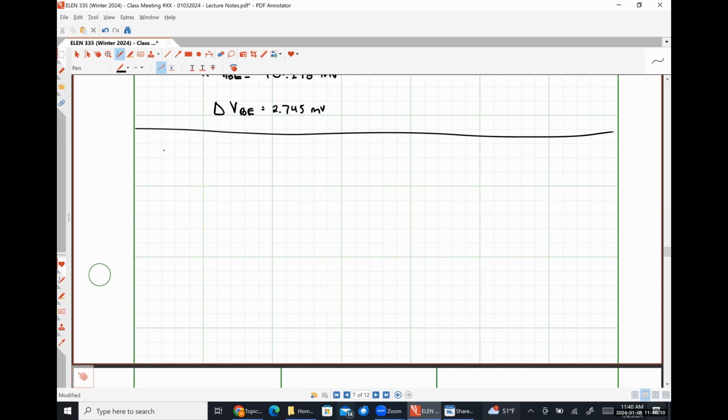So we are going to develop our small signal model by introducing perturbations between terminal pairs and measuring what changes occur in our device currents.